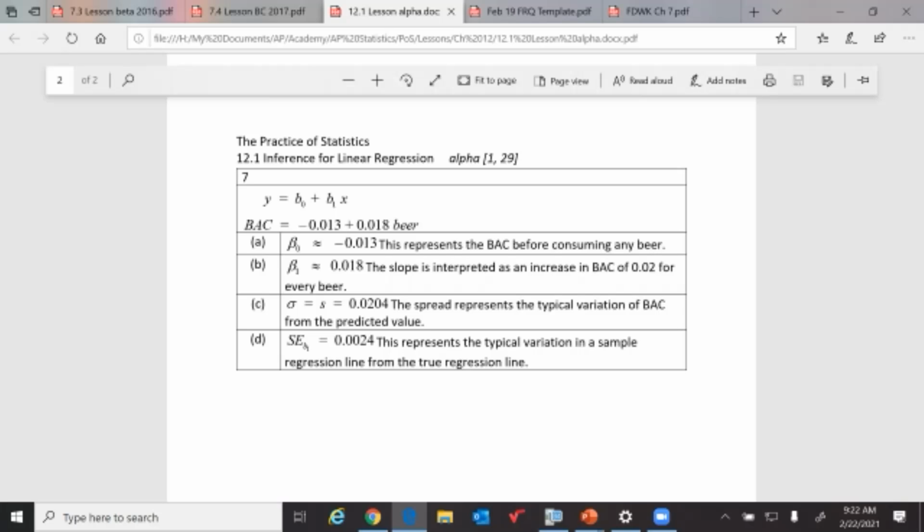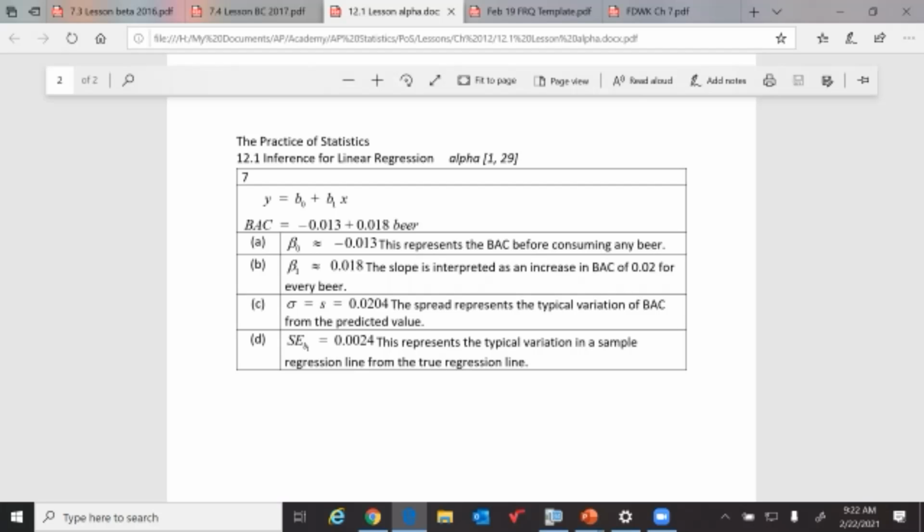Yes, but that's from random variation. B sub 1, that's an increase of about 18 thousandths for every beer.